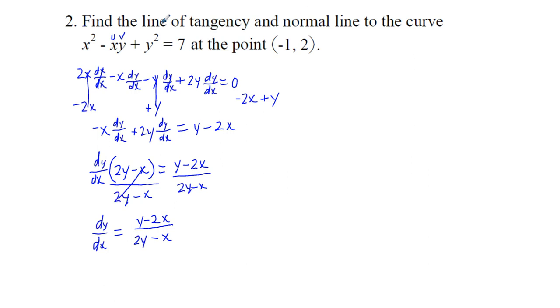It says the point of tangency. So we want to find dy/dx where x equals negative 1 and y equals 2.